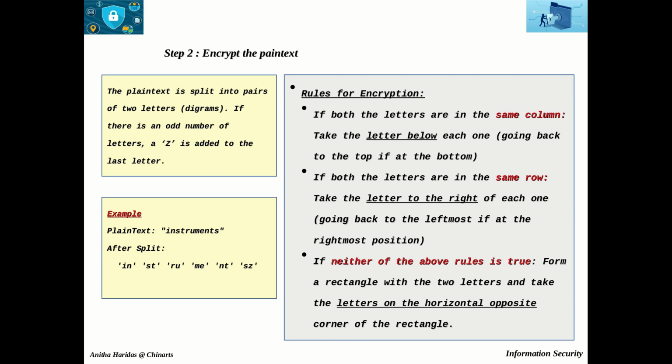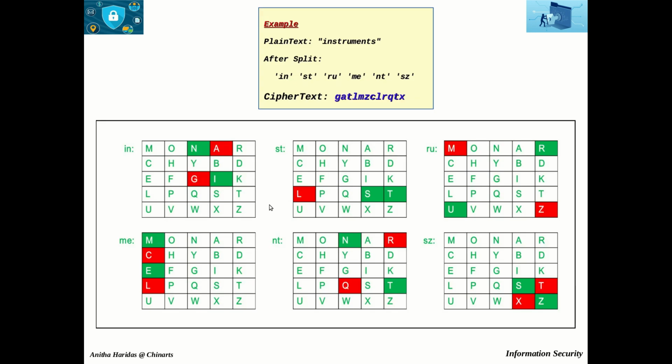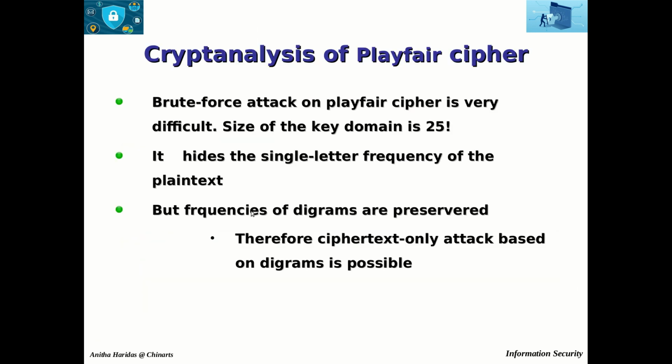Okay. So that is how the encryption and decryption process is done for the Playfair cipher. And if you see here, the cryptanalysis of the Playfair cipher: a brute force attack on the Playfair cipher is very difficult because the size of the key domain is 25 factorial, correct? A 5 by 5 matrix will be used.